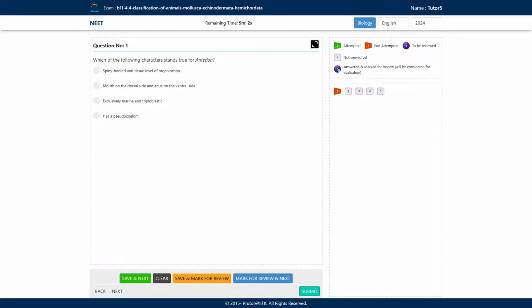Next, mouth on the dorsal side and anus on the ventral side. Then, exclusively marine and triploblastic, meaning their body is made up of 3 germ layers: ectoderm, mesoderm, endoderm. The next one is they have a pseudocoelom. So what will be the correct answer?